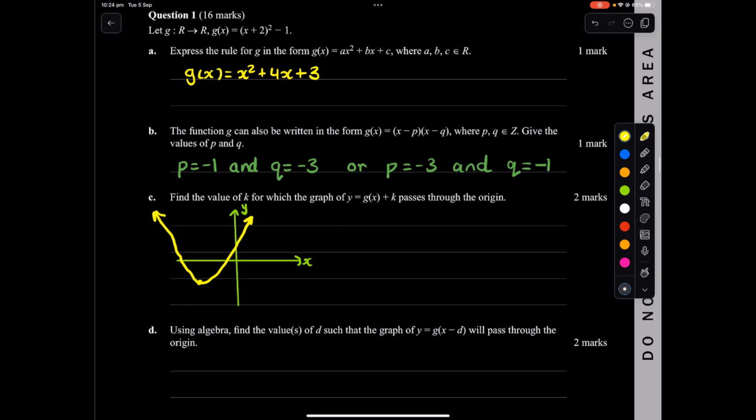And so what's the y-intercept? Well, what's G of 0? It is 3. So this point over here is 0, 3. Perfect. And this point over here is -2, -1.